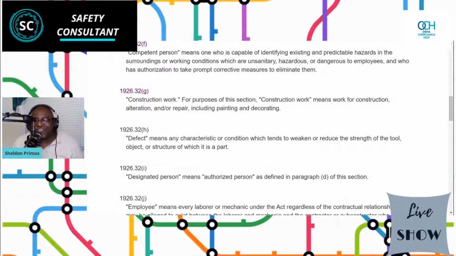Why? I don't know. I really don't know why they added painting and decorating, but that is going to be the actual definition for this one. But it actually goes even deeper than that, because there are some even further terms. And I'm going to click on this over here.